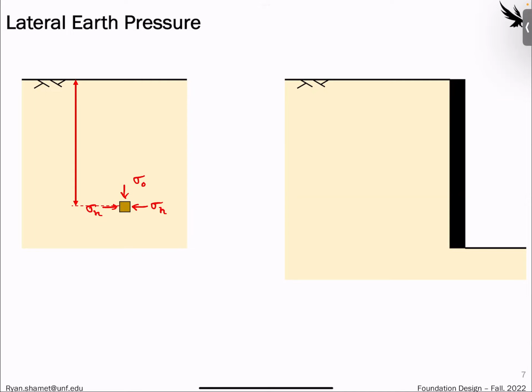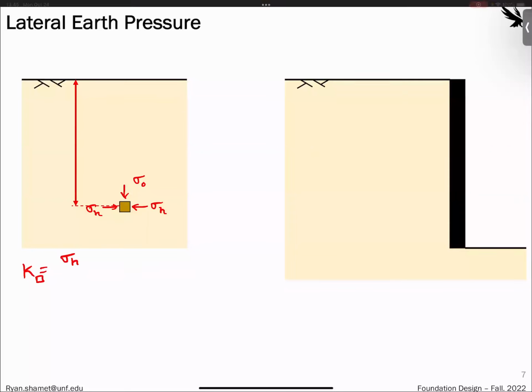So the way we define this K value, I'm just going to put a box here because it could be active or passive or at rest. This is equal to the horizontal, or sorry, not the horizontal, other way.